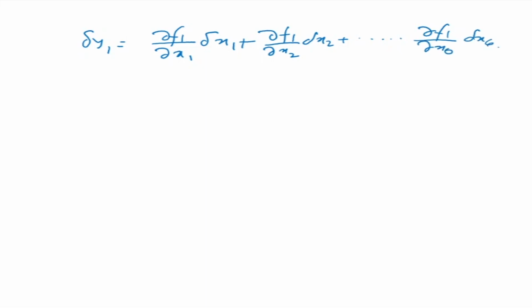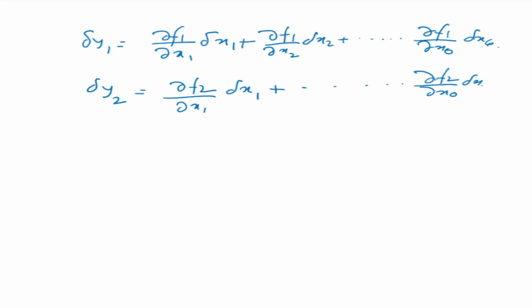Similarly for the second equation, I take the partial derivative of f2 with respect to x1 times del x1, plus so on up to the last one, del f2 by x6 times d of x6. In this way I continue. The last one is d of y6 equal to d of f6 by x1 and so on. I hope you follow.